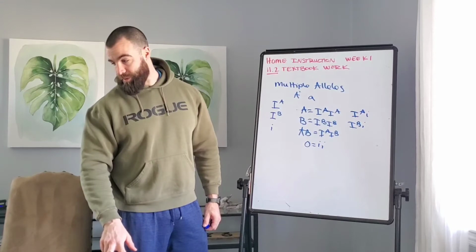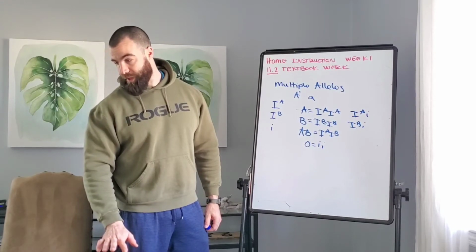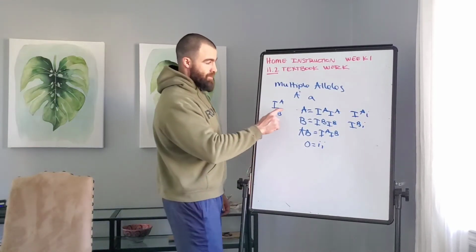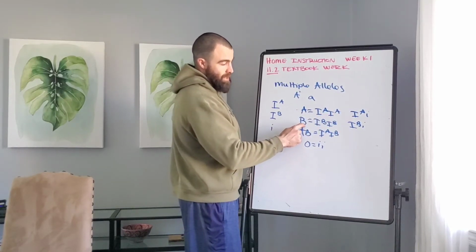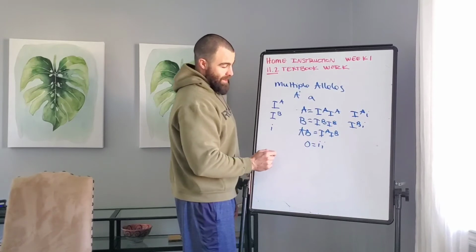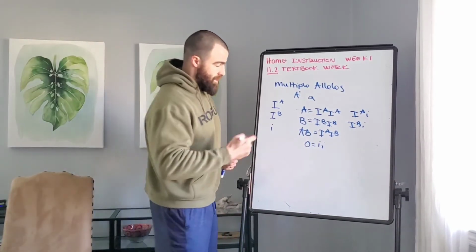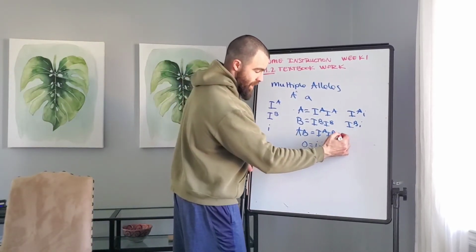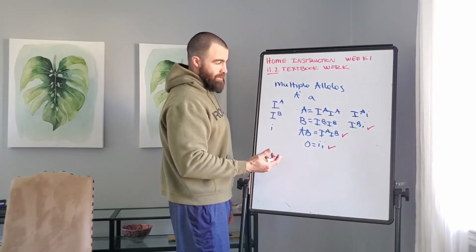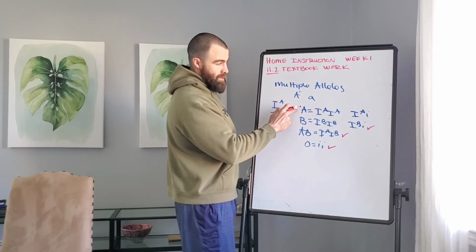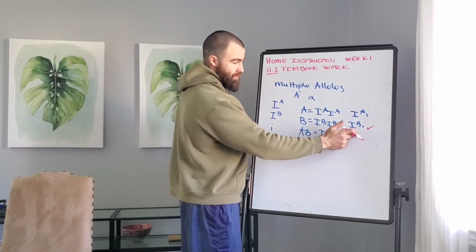So the question asked us, how is it possible? If you have a blood type A father, he's one of these, we don't know which one, and the mother is blood type B, we don't know which one. They had kids who were O, AB, and B. So how is it possible that you, as a parent, have A, your spouse has B, and you have kids with each of these?